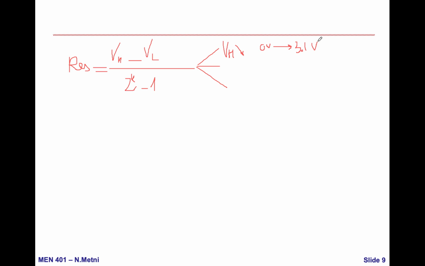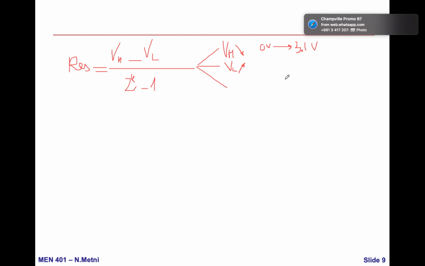What I can do is put V high equal to 3.1, and now my 3.1 volt will correspond to 1111111111 as output of the A to D. The second option is to increase V low.